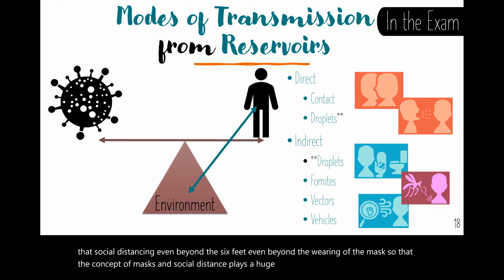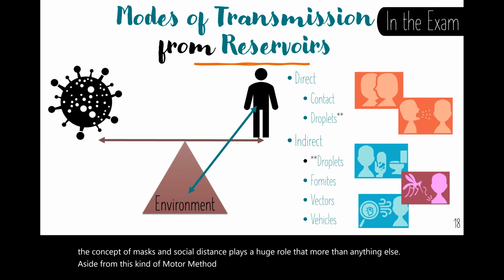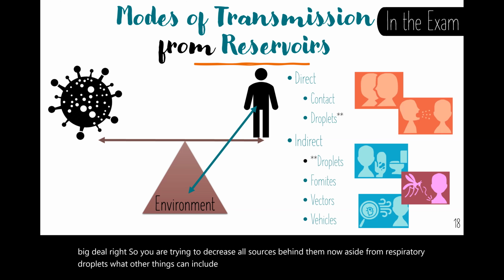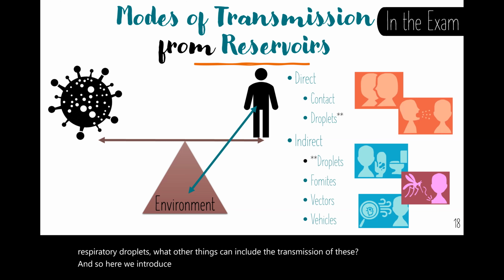But more than anything else, aside from this kind of mode or method of transmission, your ability to wash your hands is also a big deal, right? So you are trying to decrease all sources behind them. Now, aside from respiratory droplets, what other things can be involved in the transmission of these? And so here we introduce a couple of other bits of terminology that you'll probably hear about.